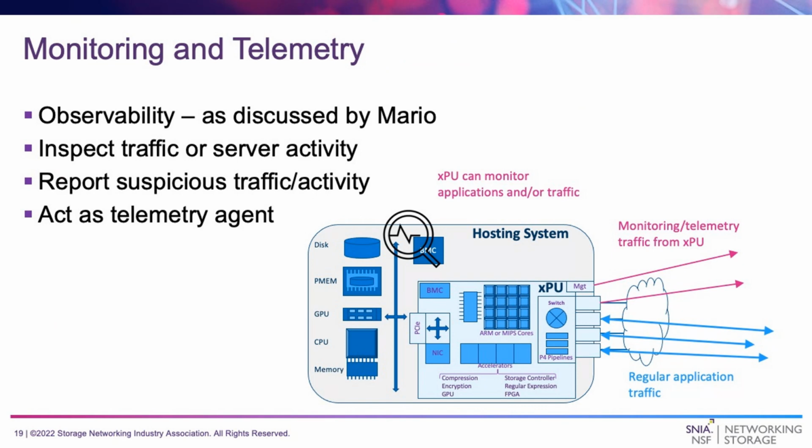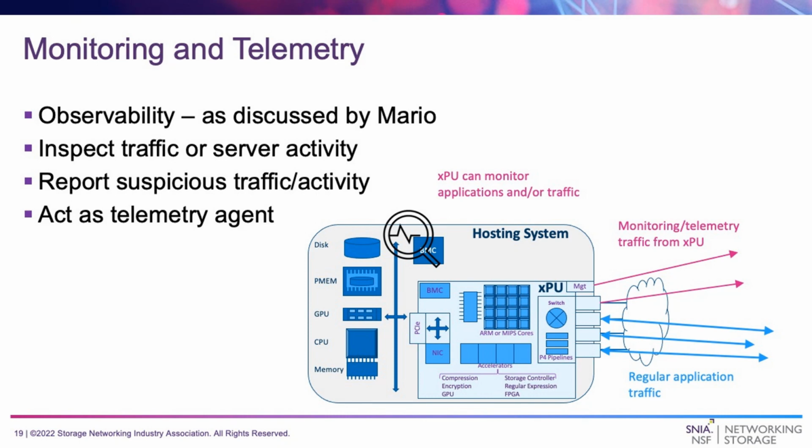And I think for my 3rd slide, there is the monitoring and telemetry. Mario already talked a little bit about this as observability, and I think he made a great point showing that the xPU has visibility into the traffic, not only in and out of the device or the appliance or the server, but also has visibility to traffic between virtual machines or between containers that are on that server.